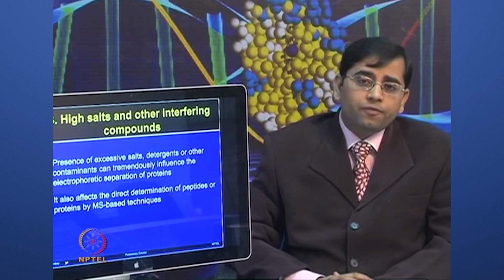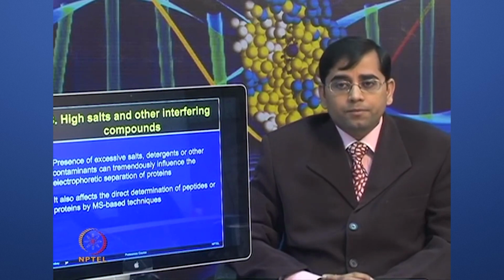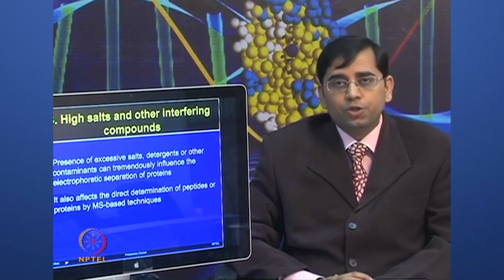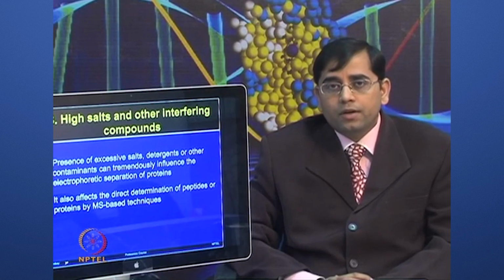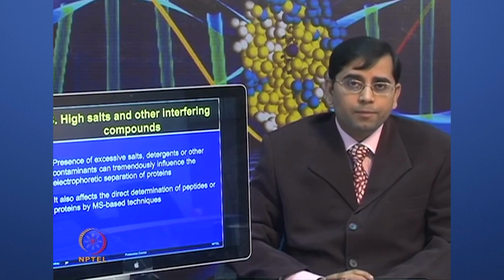The presence of excessive salt, detergents or other contaminants can tremendously influence the electrophoretic separation of proteins. If your target technology is two-dimensional electrophoresis or another gel based method, you have to really ensure that salt is very low in the serum or plasma components.